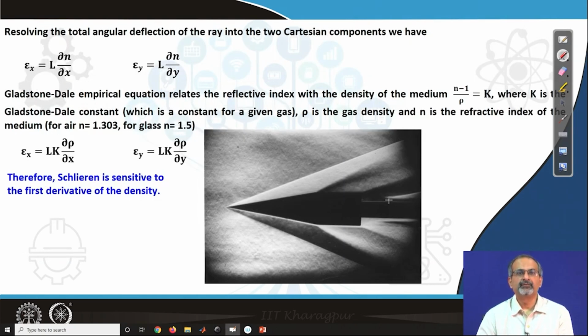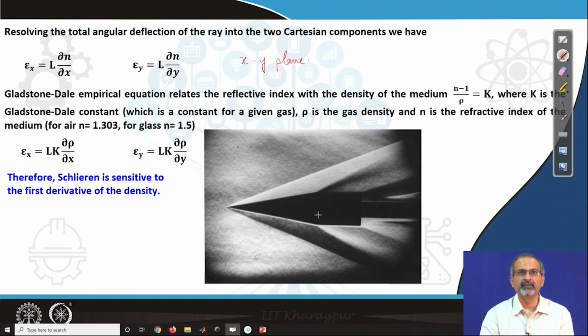We said that the flow is occurring as a planar flow in the x y plane, and the light rays when undeflected are moving along the z direction.